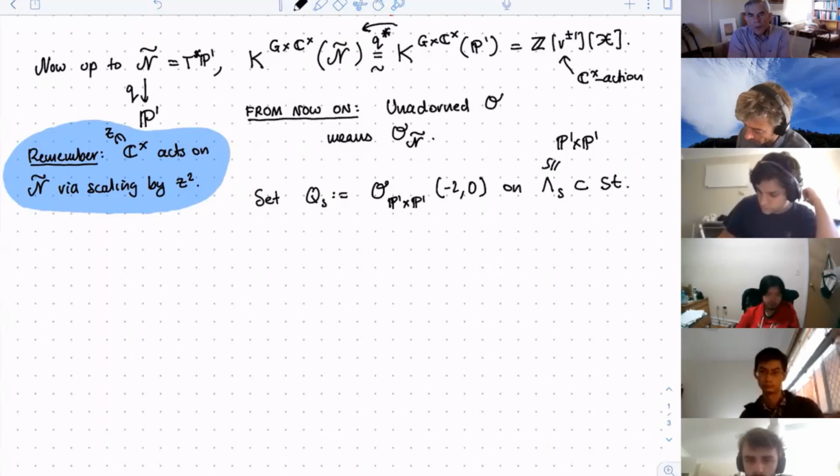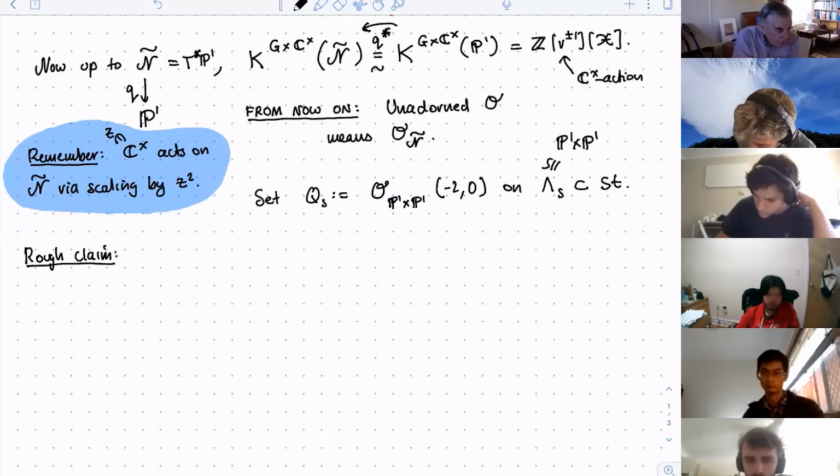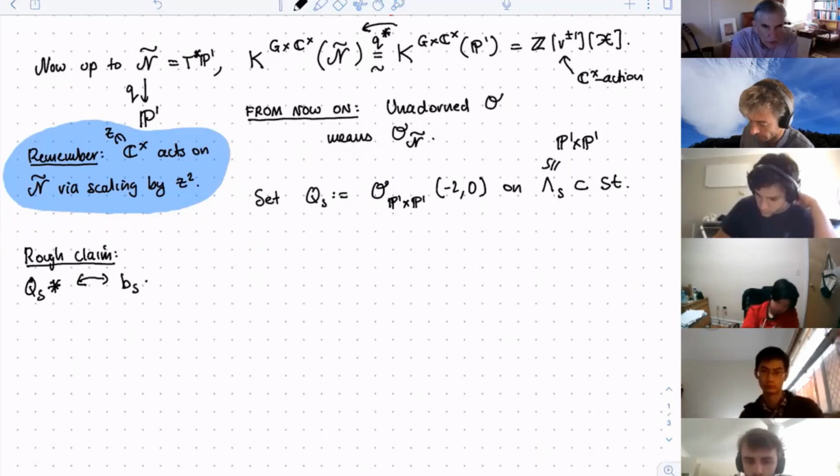And the rough claim is that convolution with this QS corresponds to multiplication by BS.